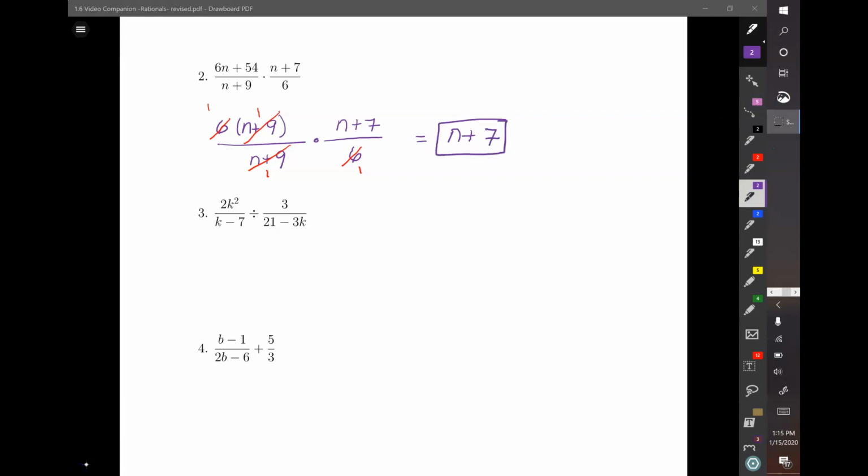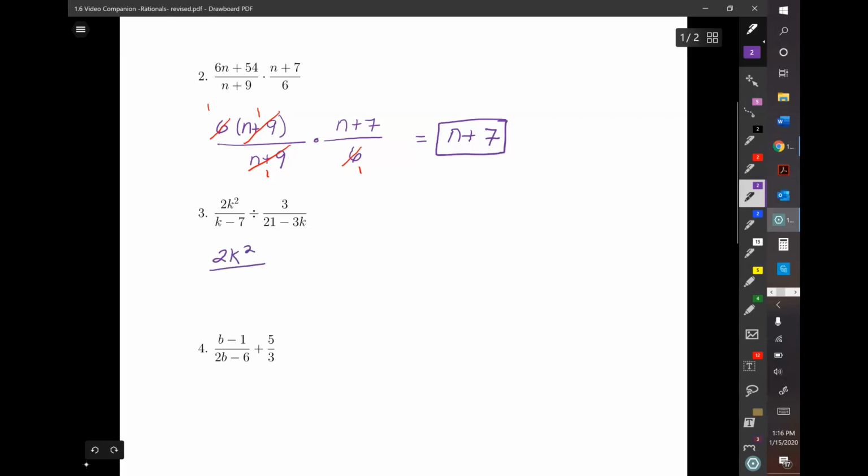Number 3 reads 2k squared divided by (k - 7). That's one fraction. Then there's a division symbol. The second fraction is 3 over (21 - 3k). So the first thing I'm going to do, just so I don't forget, is change this second term.